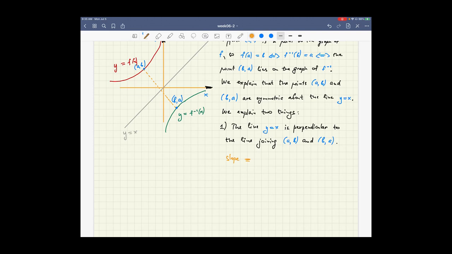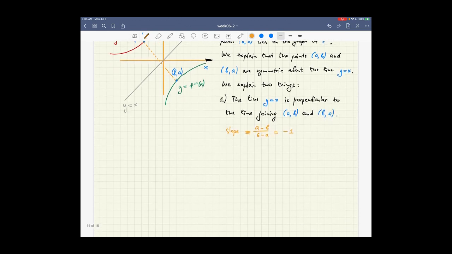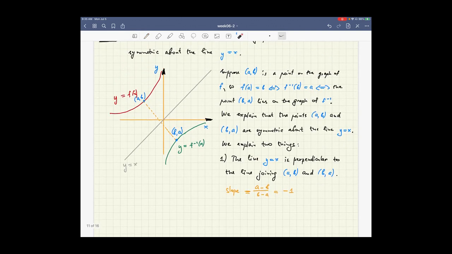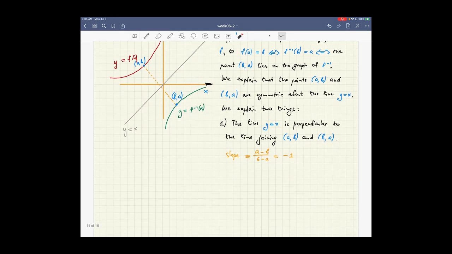New y coordinate minus old y coordinate over new x coordinate minus old x coordinate. That is clearly -1. And in fact, we don't even need the equation of that line. The slope of the line y equals x is 1. The slope of the line joining a b and b a is -1. They do multiply to -1. And as we know, that implies the two lines are perpendicular.